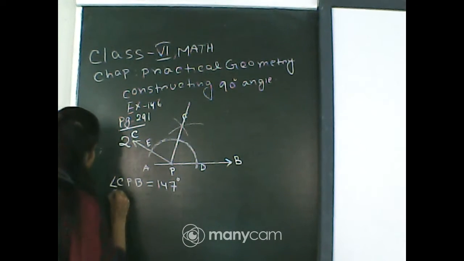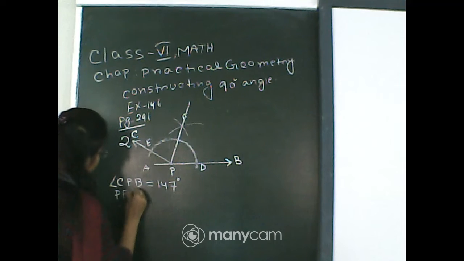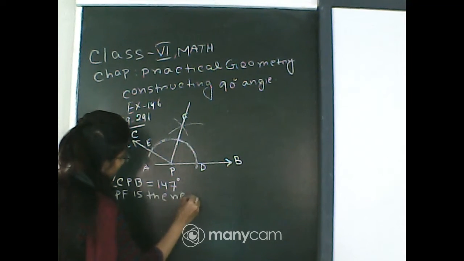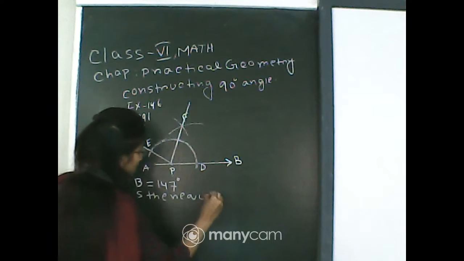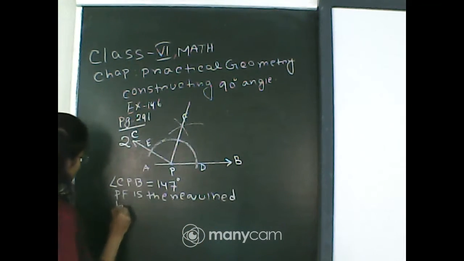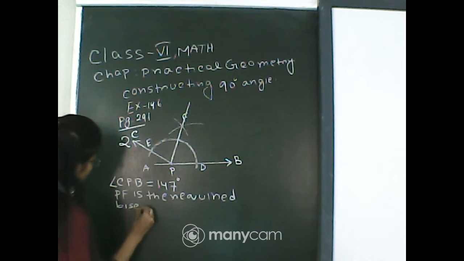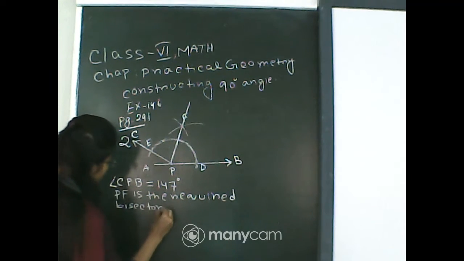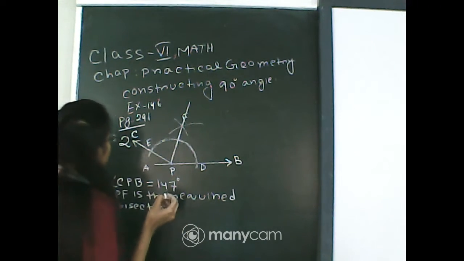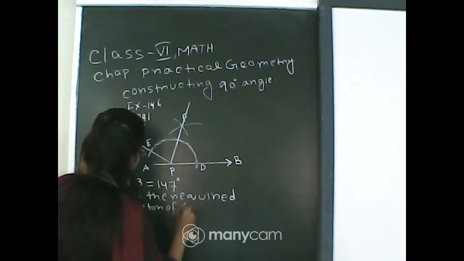Okay. PF is the required bisector of angle CPB.